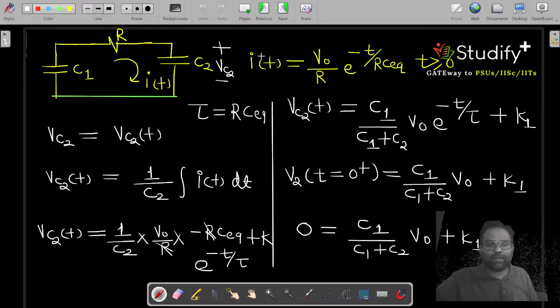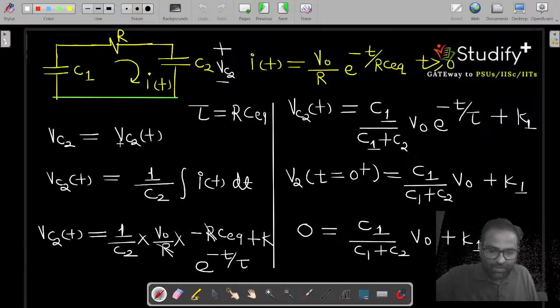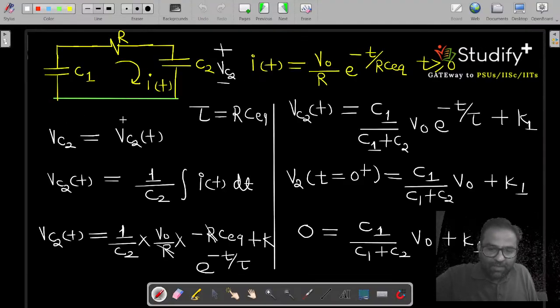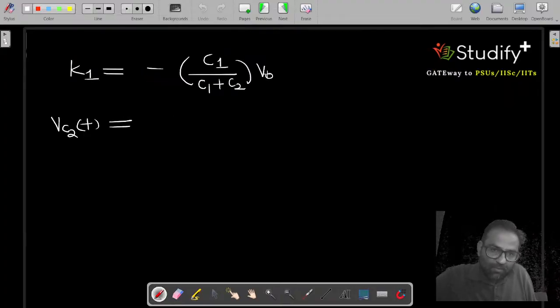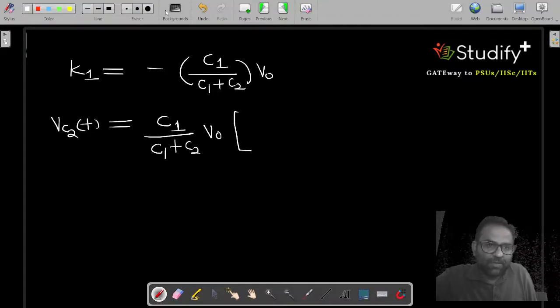And now I can replace this K1. What is the final answer for VC2? The VC2t is given by C1 divided by C1 plus C2 into V0. This value I can take common.